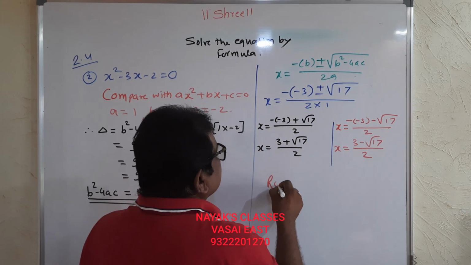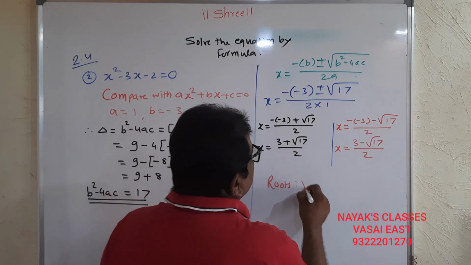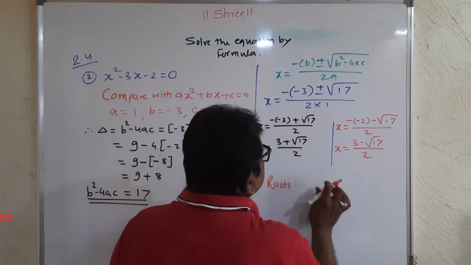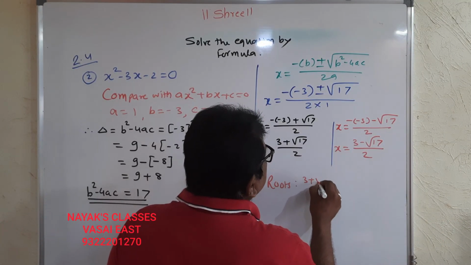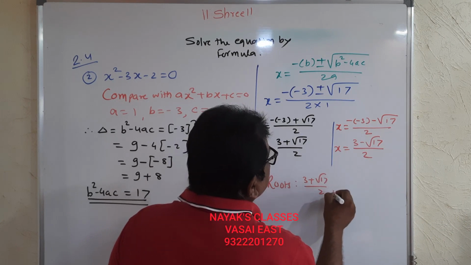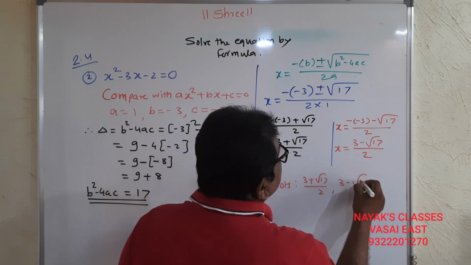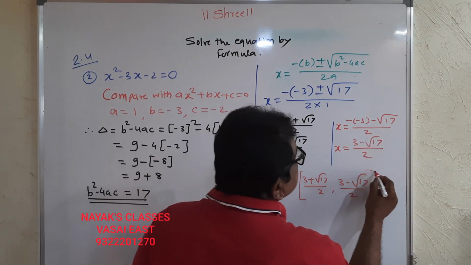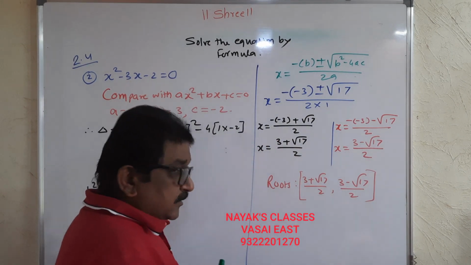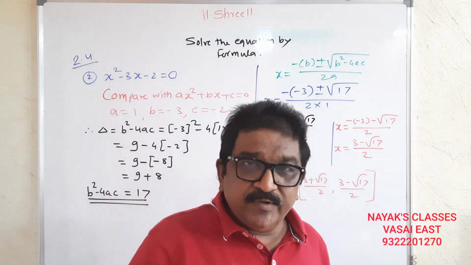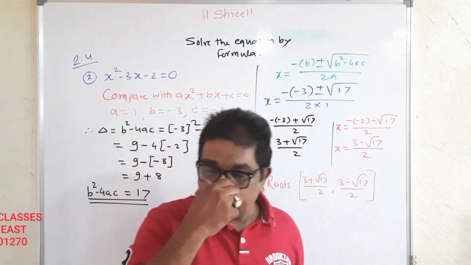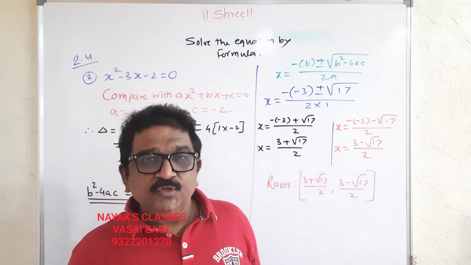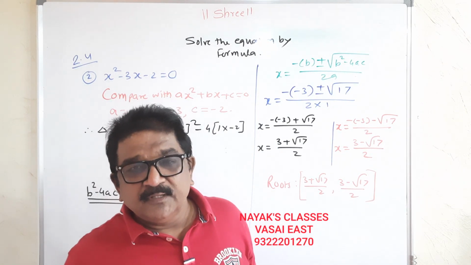So the roots are 3 plus root 17 upon 2 and 3 minus root 17 upon 2. Within minutes you got the answer.